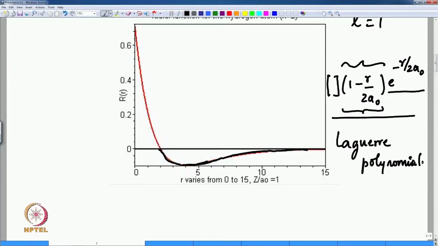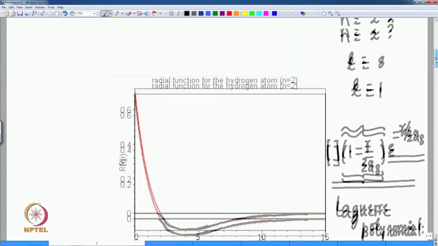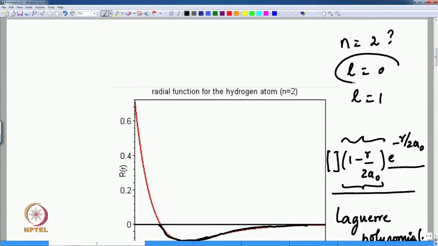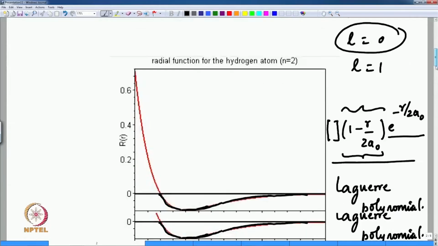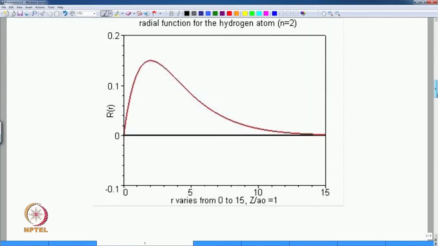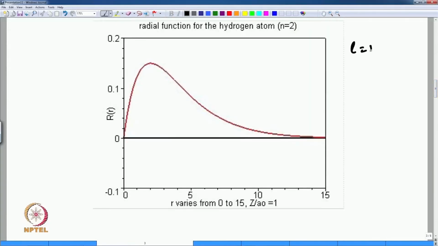Okay. This is the function for l equal to 0, and for l equal to 1, n equal to 2, the radial function is r e to the minus r by 2 a naught, again with some prefactors, the normalization constants.